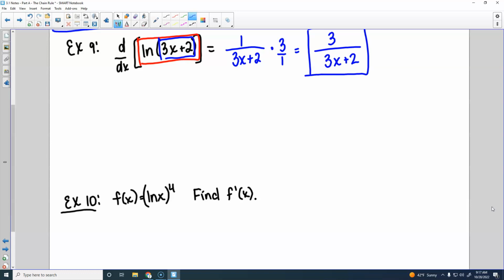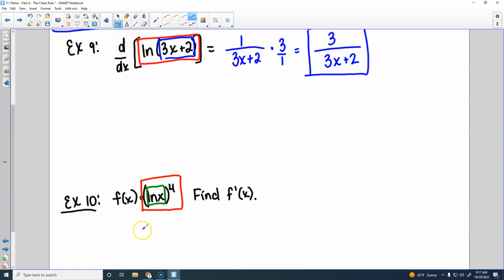This time, what's our outside function? To the 4th power, right? So our outside function is that stuff to the 4th power. The inside function is our natural log of x.